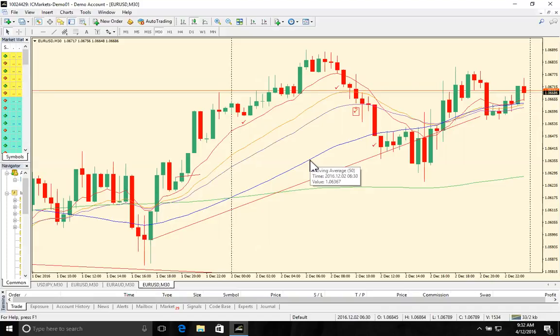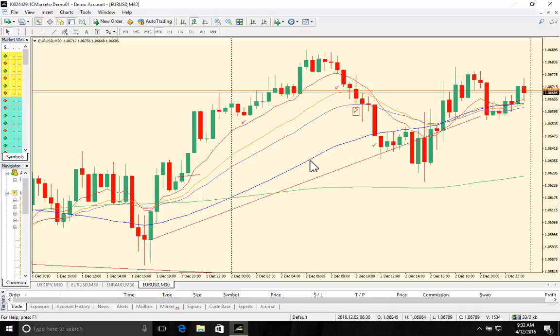Okay. Now, the 200 moving average is mostly used by institutions. If you are planning a long-term trade for a week or a month, it's best to use the 200 moving average on the daily chart, because many institutions, especially in the stock market, have big orders for execution when prices cross above or below the 200 moving average.